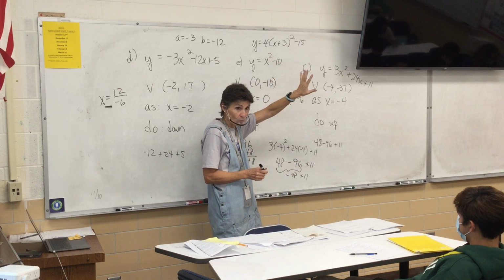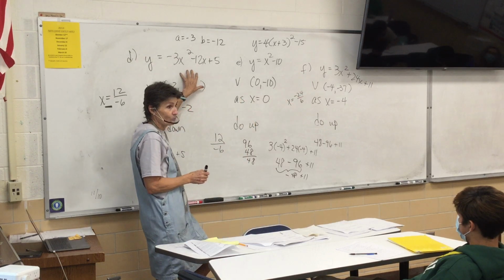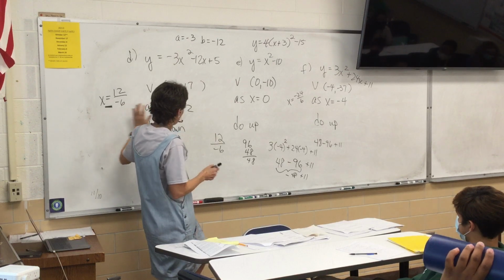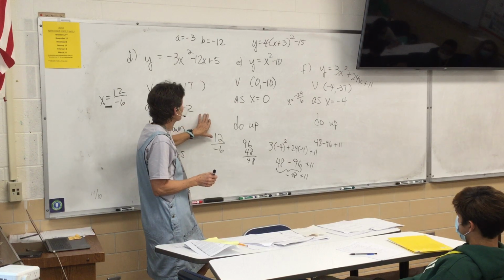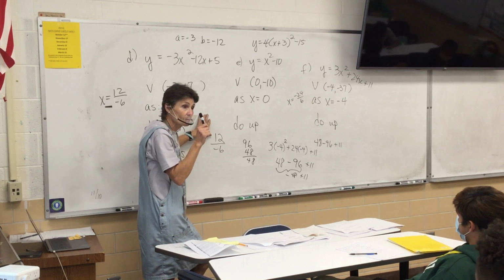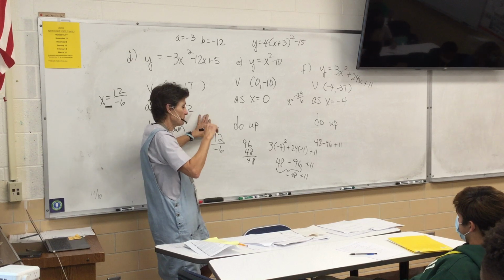If the parabola is not in vertex form, then you're going to use our little formula, which is x equals negative b over 2a. Right? Yeah. All right.